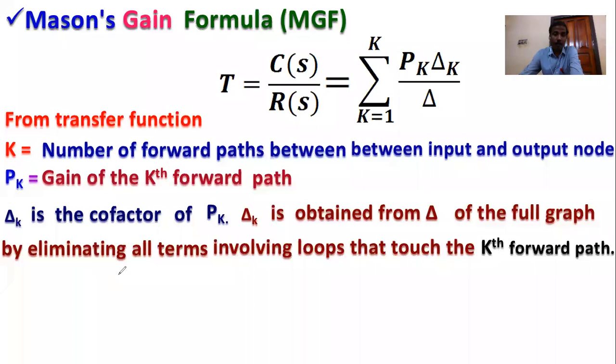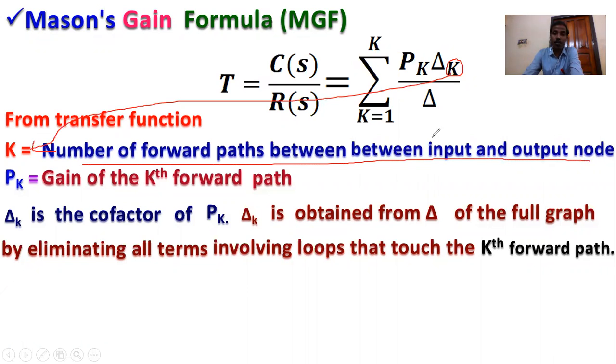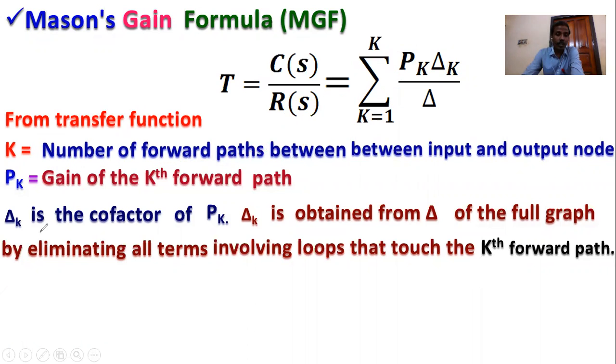So primary information: k equals the number of forward paths between input and output nodes, Pk equals the gain of the kth forward path, and delta k is the cofactor of Pk, obtained from delta.